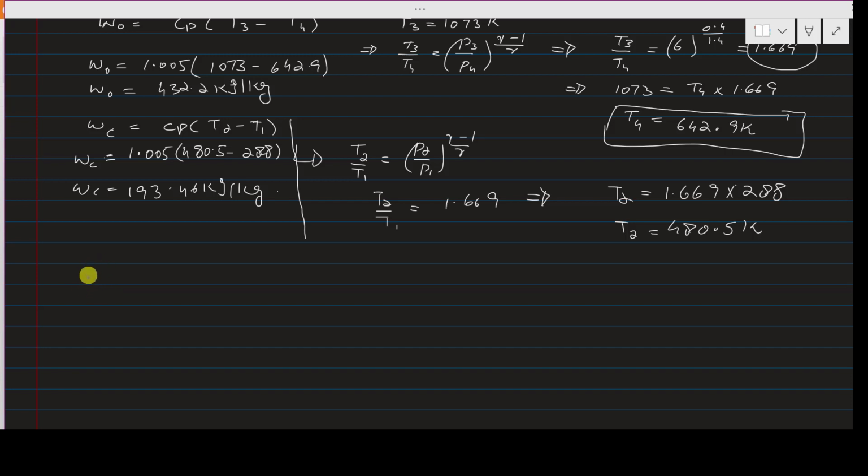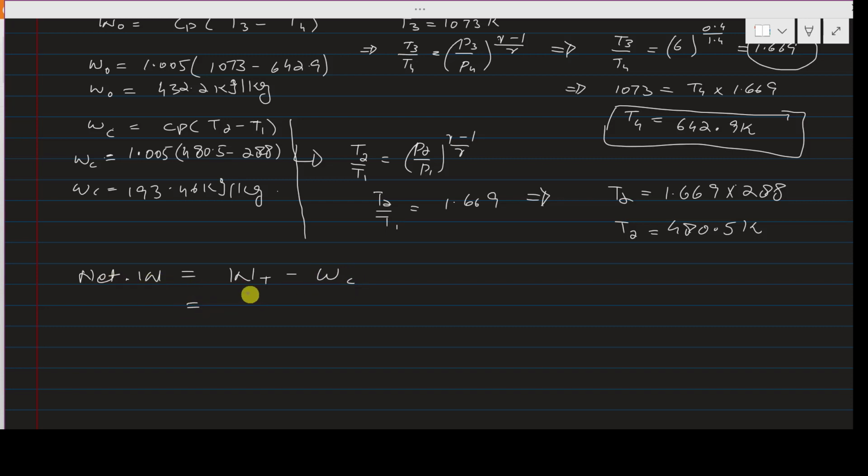The net work that we obtain during this complete cycle: the work delivered by the turbine and the work supplied to the compressor will give you the net work output.